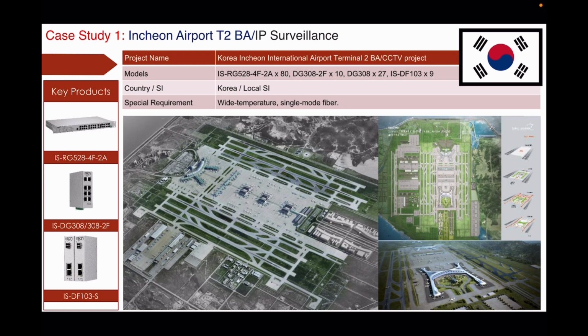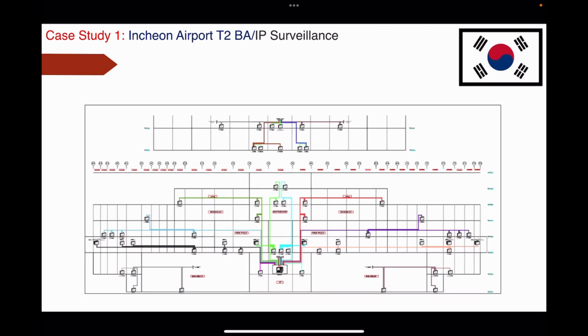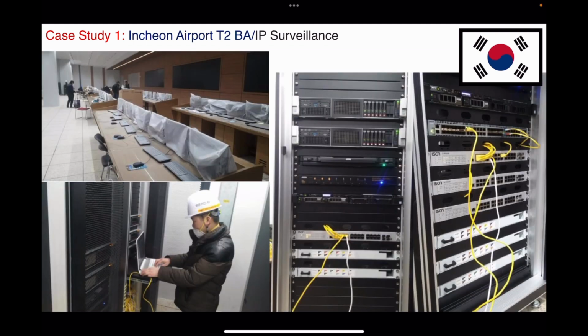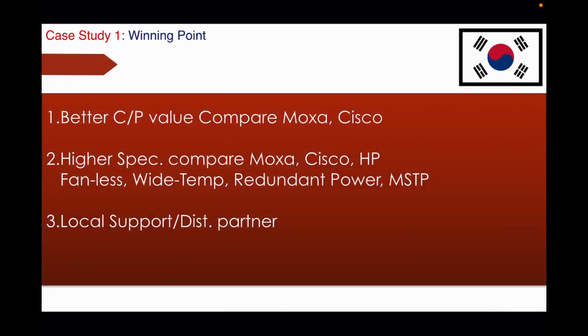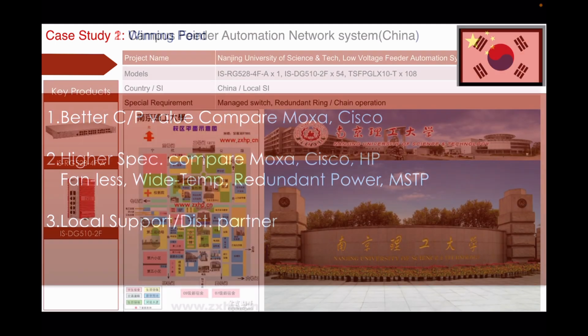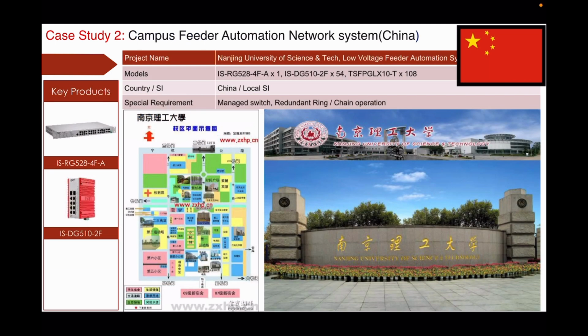Key products: RG528, DG308 and DF103. Winning points: better CP value, higher spec, local support.